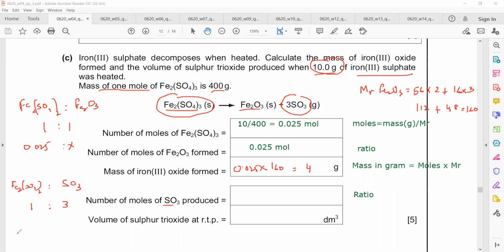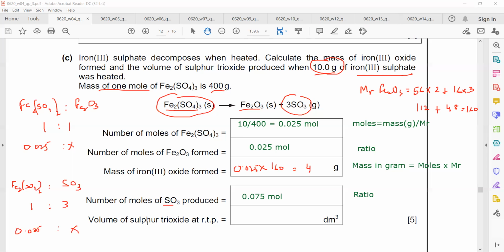So if we have 0.025 moles of iron(III) sulfate, then sulfur trioxide moles will be 3 times that, so 0.075 moles of sulfur trioxide.